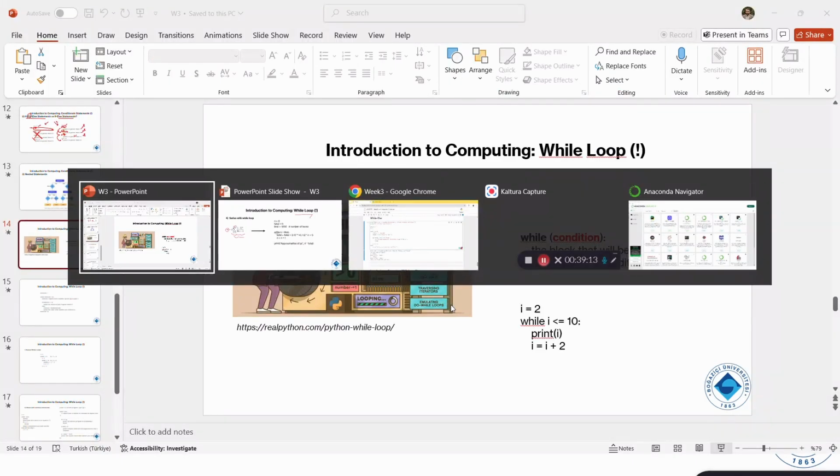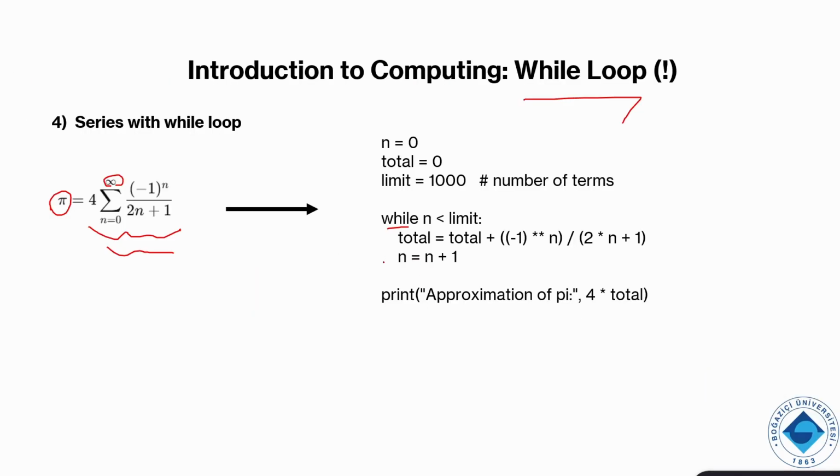Before going, let me explain a little bit more. We'll say limit, let's say limit. I set 1000 and we will start from 0, and we will sum all values and assign it to total.